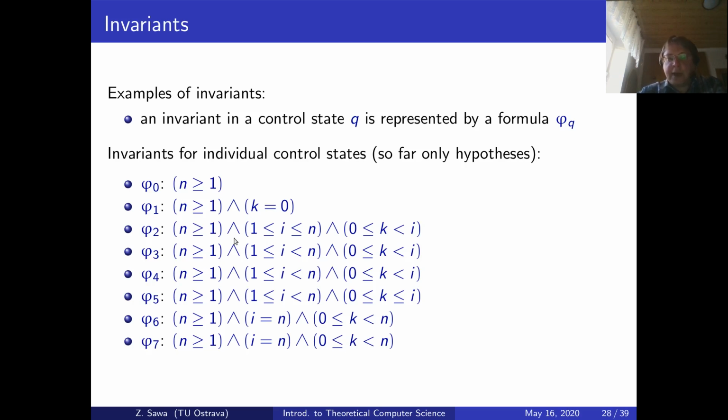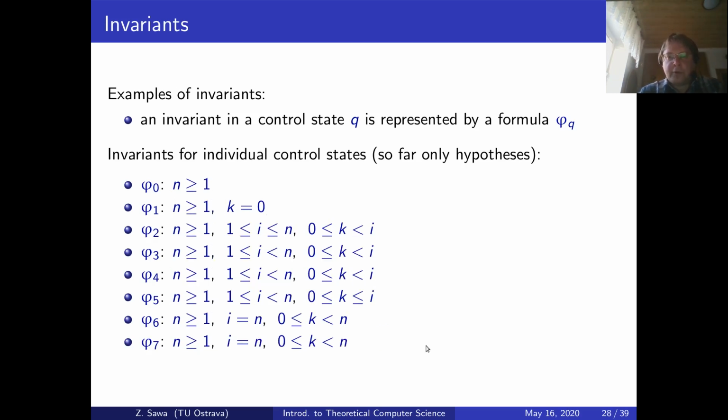Here I write them as formulas using conjunctions where I combine several conditions, but in the following I will often use this shorter way, with commas. By this I mean that all these subconditions are satisfied in the given state. Basically this formula is a conjunction of these, but to make it slightly more readable, I will write it like this.